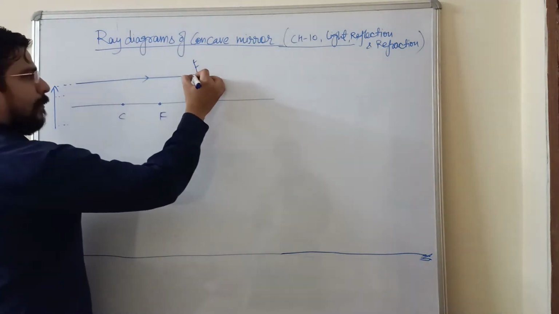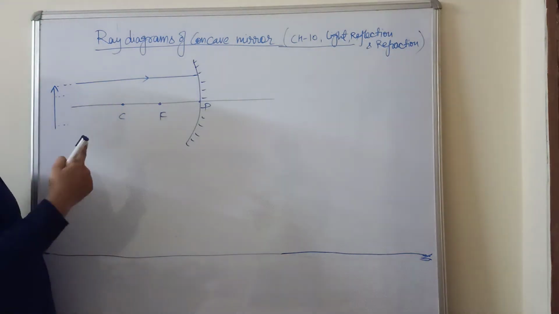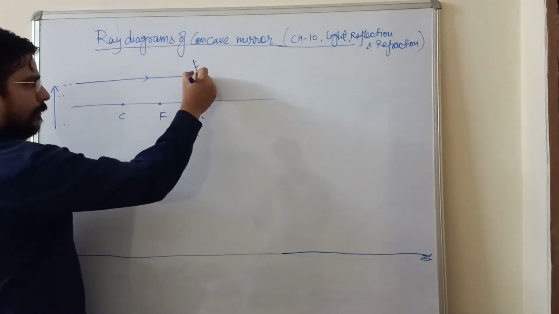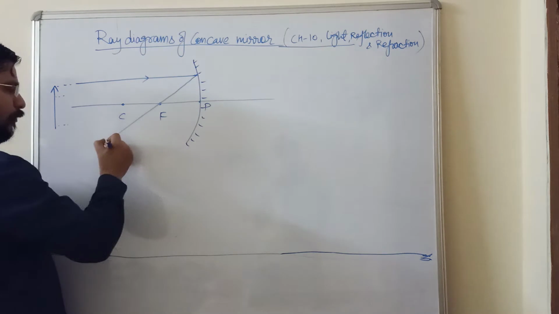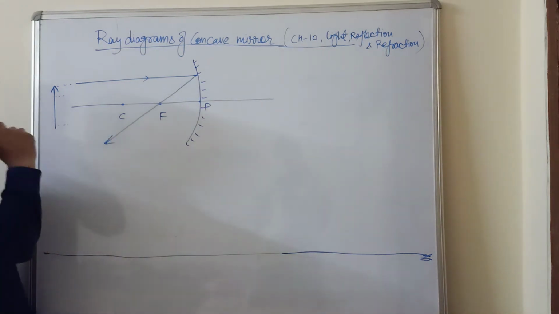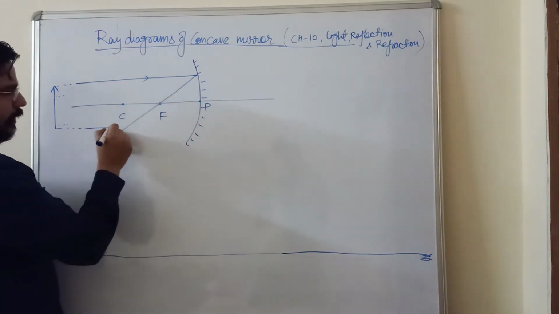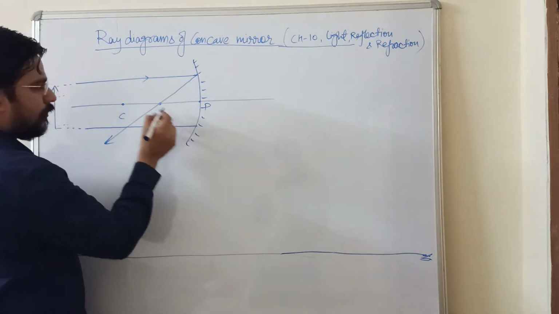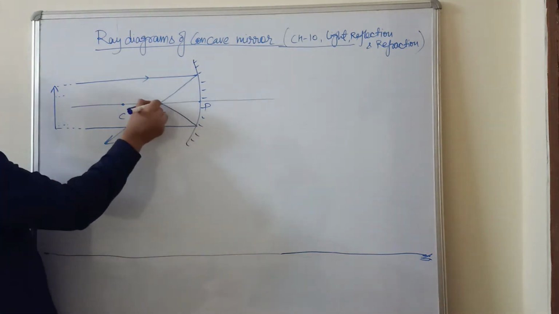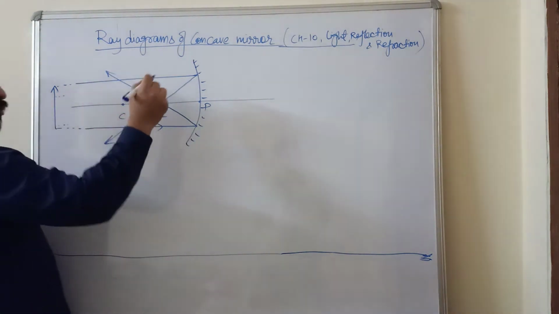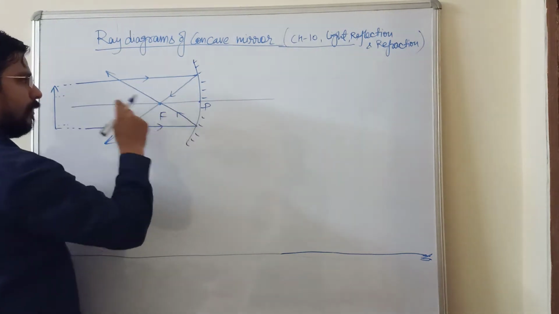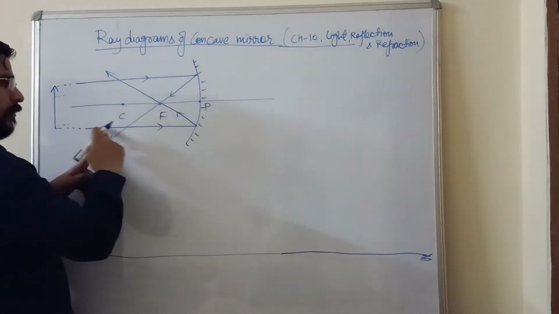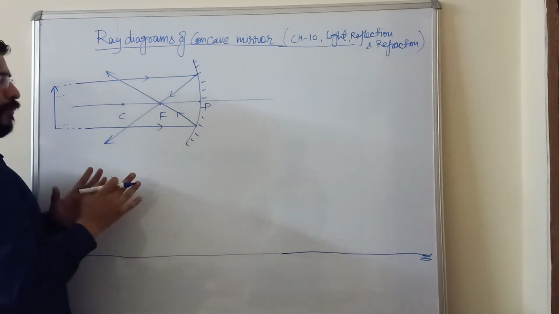So when light is coming parallel, we will apply the first rule as we discussed. Parallel ray of light coming, it will pass through the focus. Second, ray of light is also coming parallel to principal axis. After reflection, it will also pass through the focus. So you pay attention here that after reflection, not before reflection.